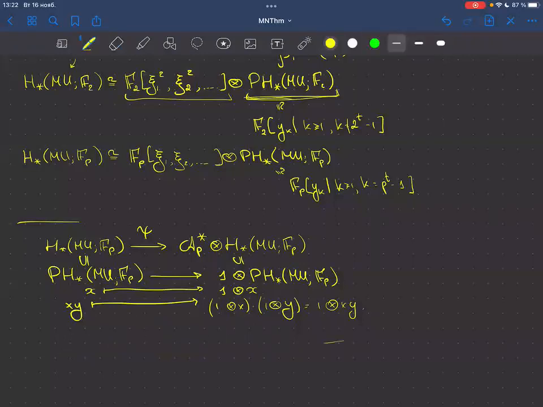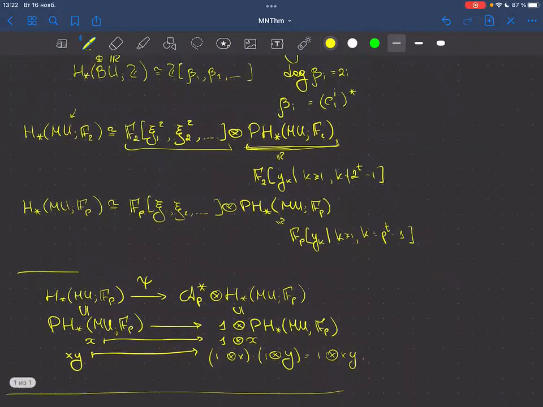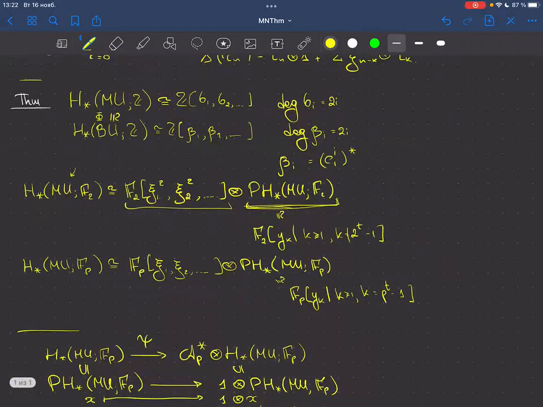Okay, so I guess we can try to move on. Let me see, what should I discuss next? Our next step: we have discussed the coalgebra structure, but still the Adams spectral sequence actually works with modules over the Steenrod algebra.